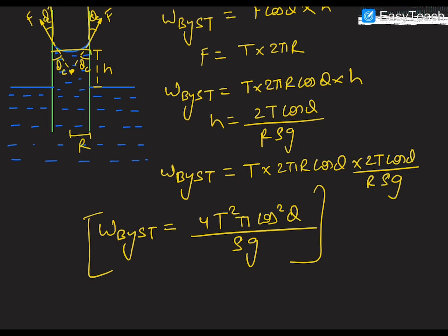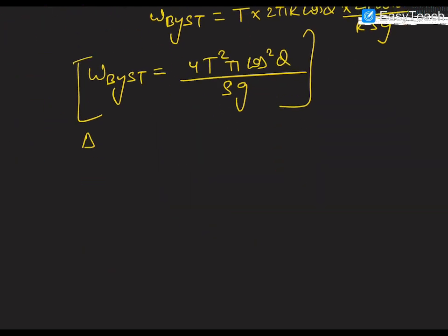If this is a cylindrical column, the center of mass of this column will be at the height of h by 2, so the change in potential energy of this liquid will be mg h by 2, where m is the mass of the water which is being lifted. So m will be the volume into density. Volume will be pi r square into h, density will be rho, this is g and this is h by 2.